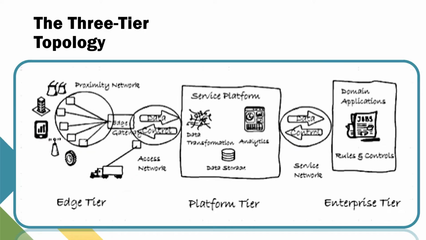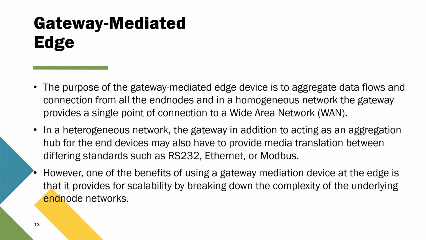Now, when we revisit the image here, we will see that there is a part in between the edge tier and the platform tier, what we call the edge gateway. So let's see what the edge gateway is. The edge gateway, or we can call it the gateway mediated edge, is a device whose purpose is to aggregate the data flow and also the connection from the end nodes and also the homogeneous network gateway.